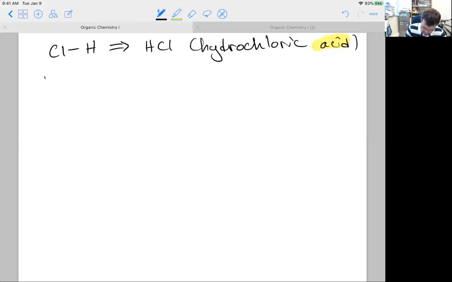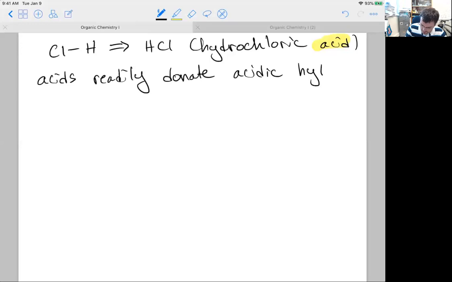Acids are a group of molecules. Acids readily donate acidic hydrogens, we've looked at that before, as H+.